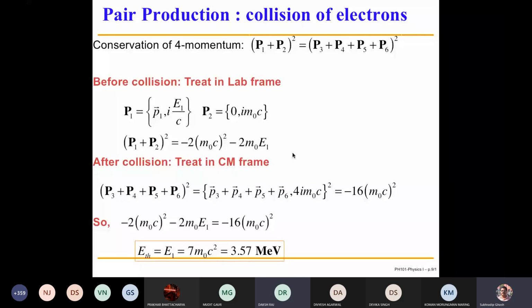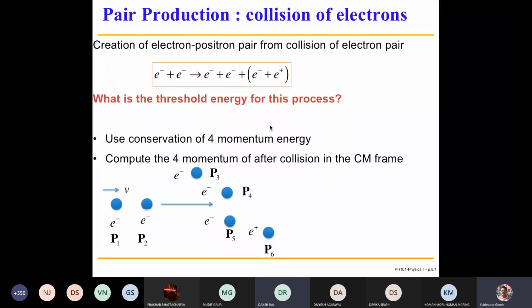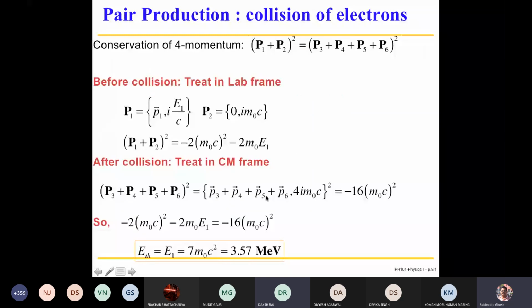After collision, I'm treating it in the center of mass frame because that's convenient for me. So you can think of this as happening in the center of mass frame. When we write this, these are the 4 components. Now tell me what will happen to this in the center of mass frame. The magnitude of this, the total 3-momentum.